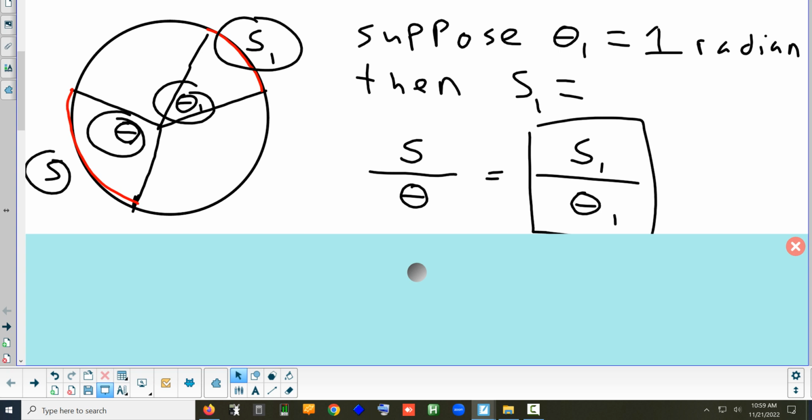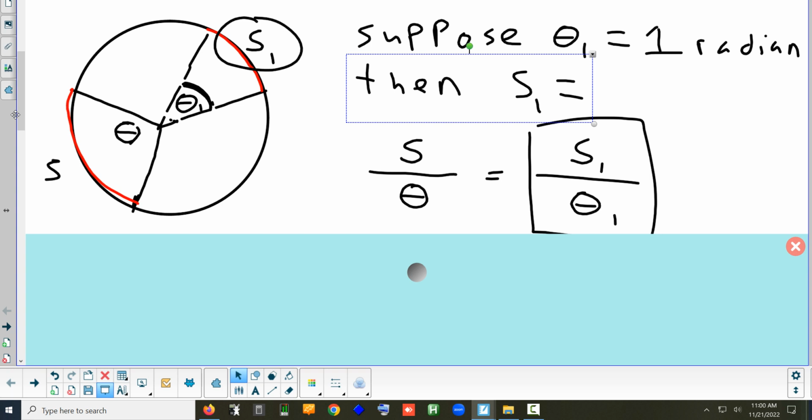And there's a fact we talked about last time when we started learning about radians. Let me just erase these circles so it's a little easier to see. If this angle is 1 radian, this angle right there, then it automatically makes the arc the same size as something else in the circle.